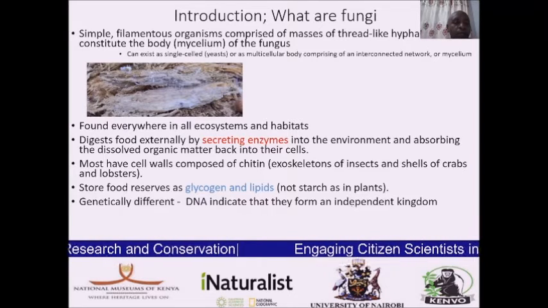They also store their food reserves as glycogen and lipids, and not starch as in plants. Genetically, they are distinct, and their DNA indicates that they form an independent kingdom, which is more closely related to the animal kingdom than the plant kingdom.